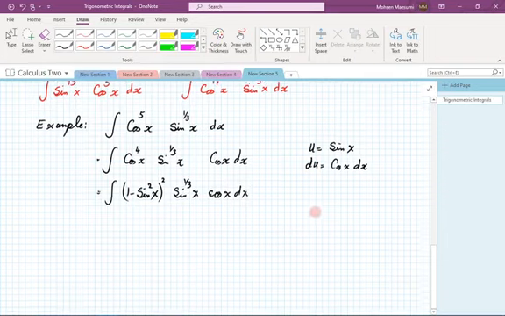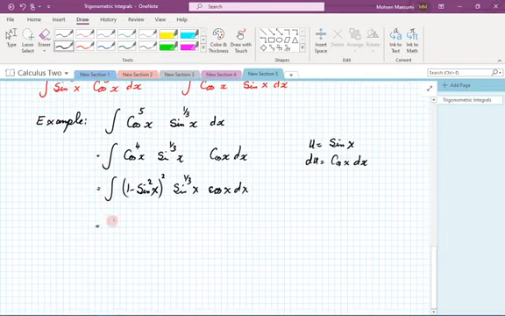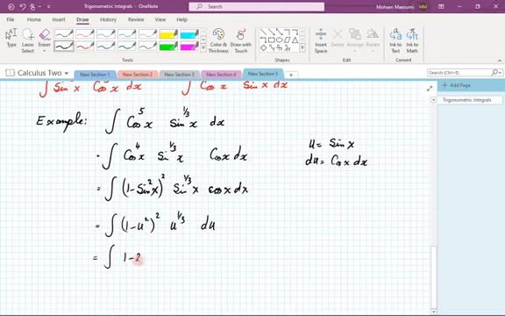So now I go ahead and make my substitution. This becomes (1 minus u squared) squared. This is u to the power of 1/3, and all of that becomes du. So now I can open this up, it becomes 1 minus 2u squared plus u to the 4th, times u to the power of 1/3 du.